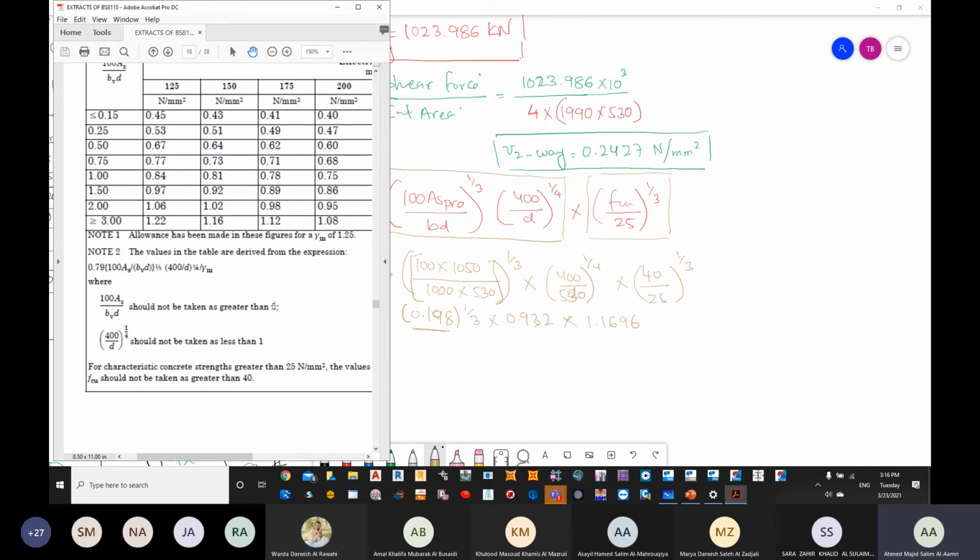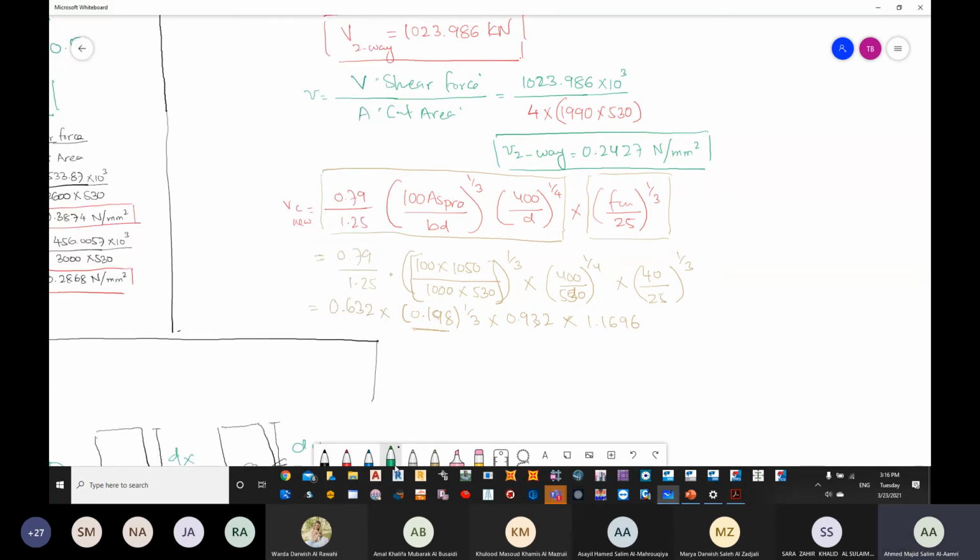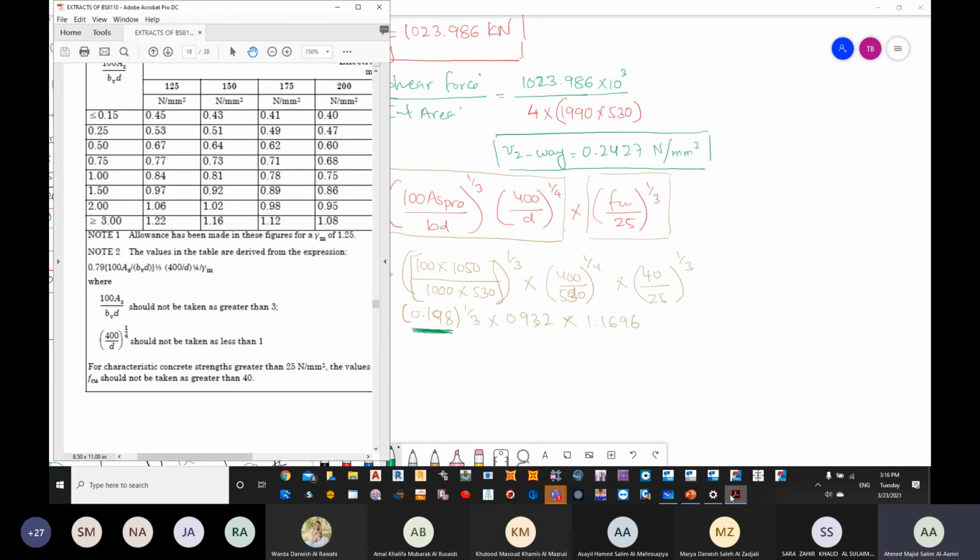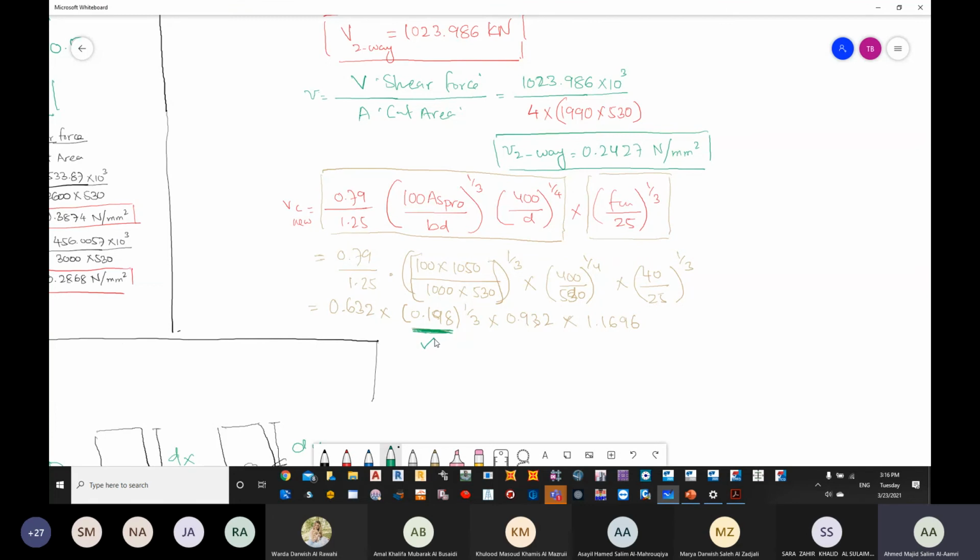Now this value of 100 AS over BD, is it greater than 3? 0.198, is it greater than 3? So we don't have a problem with it. This is fine because it's not greater.